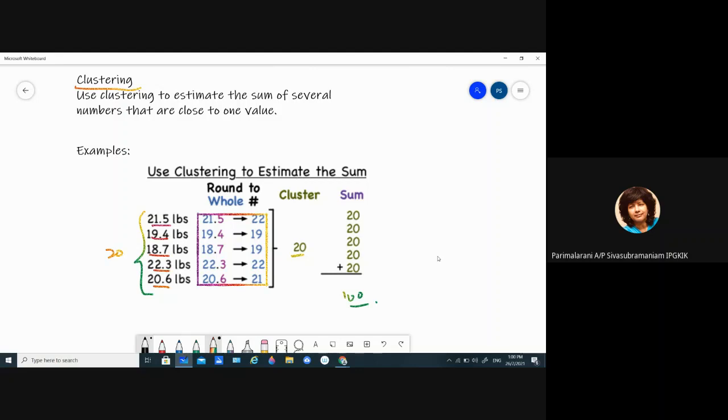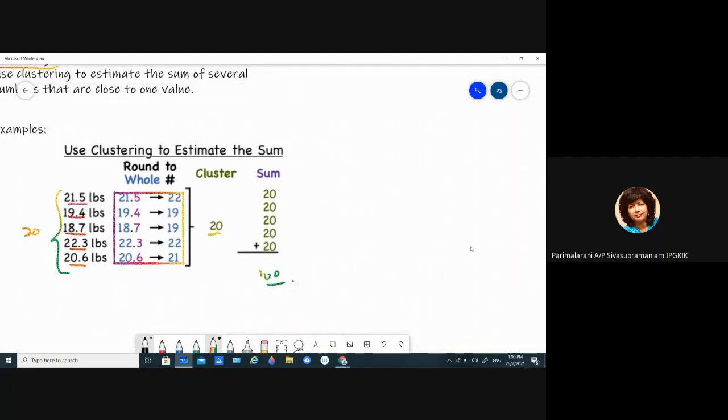I'll give you one more example. If you have several numbers like this, 82 plus 90 plus 87 plus 97 plus 94, you have 5 numbers and you want to estimate very quickly what is the total. You see that the average is about 90.